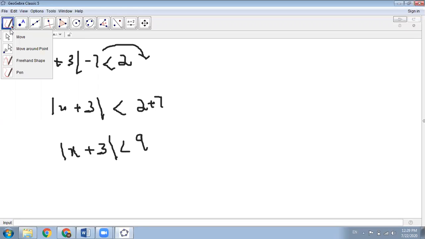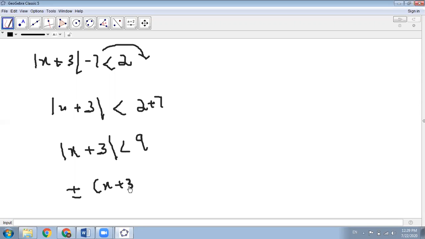So again, when we open this absolute value, we can write plus minus round bracket x plus 3 less than 9.